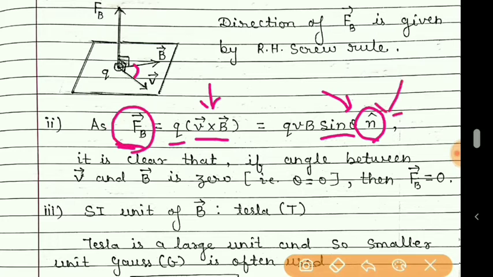N means it is normal to the plane. So it is clear that when both velocity and magnetic field are parallel to each other, then the angle between V and B will be 0. So in that case, the force acting on the charged particle will be 0.